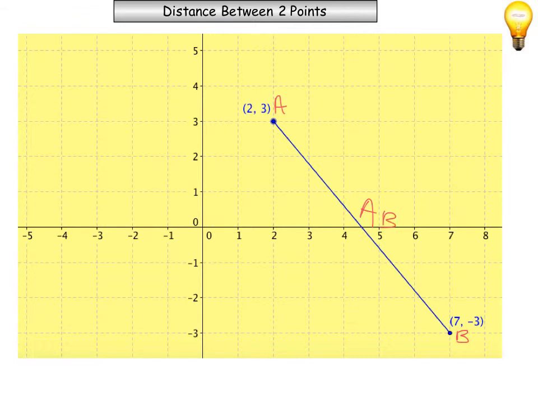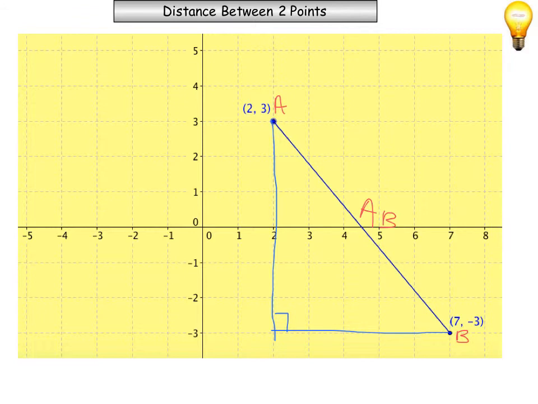We can use a right-angled triangle to find that distance. We need to go from here all the way over to here to create one of the shorter sides, and then from A straight down to create this one. Here's our right angle, and so we know that AB is in fact our hypotenuse.